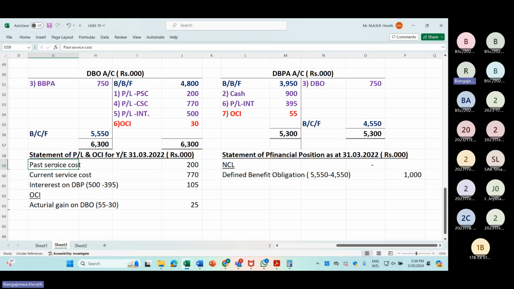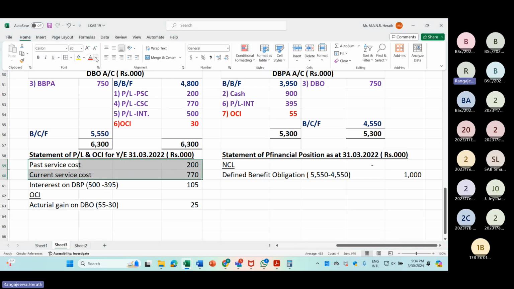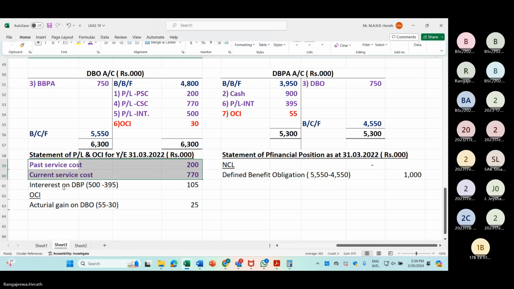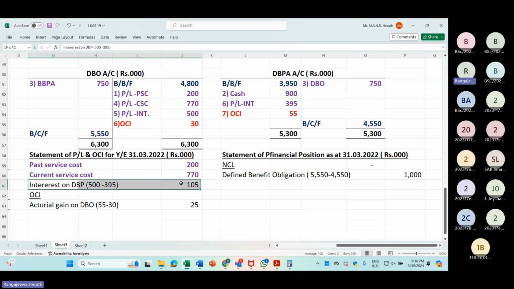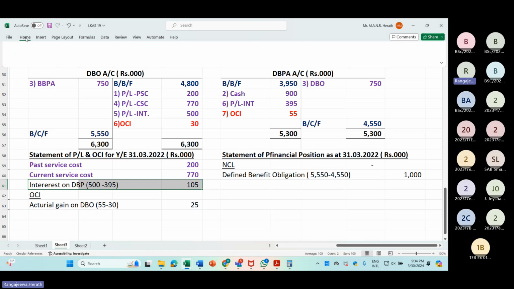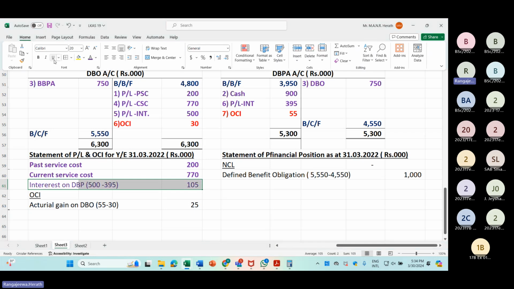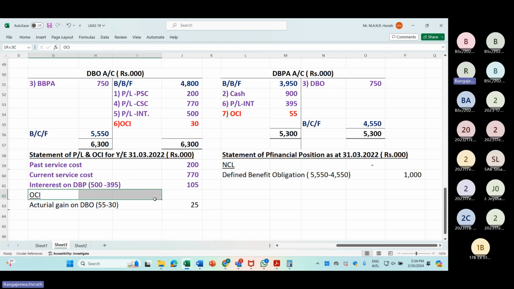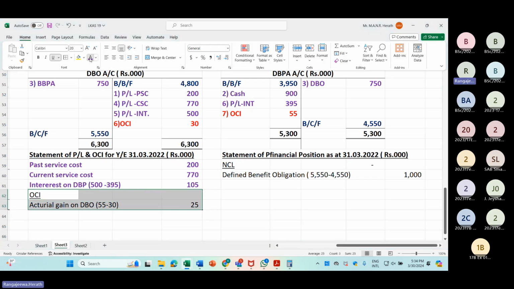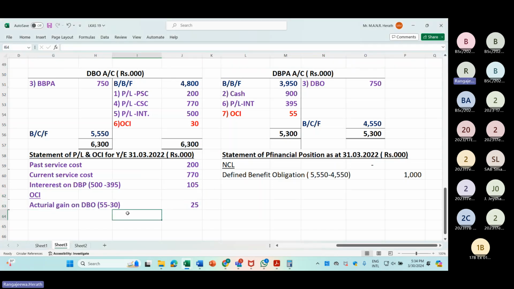So statement of profit or loss, past service cost 200, current service cost 770. Interest on defined benefit plan, expense 500, income 395, you have to show the net. And other comprehensive income, actuarial gain, we have a gain 55, loss 30, net 25.